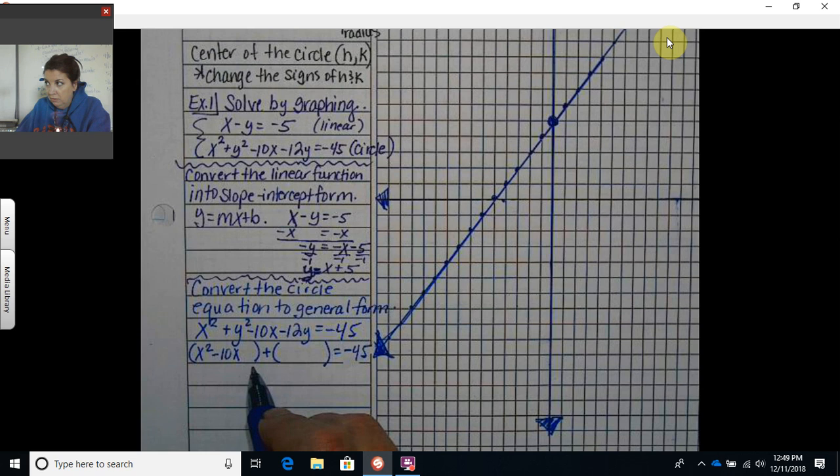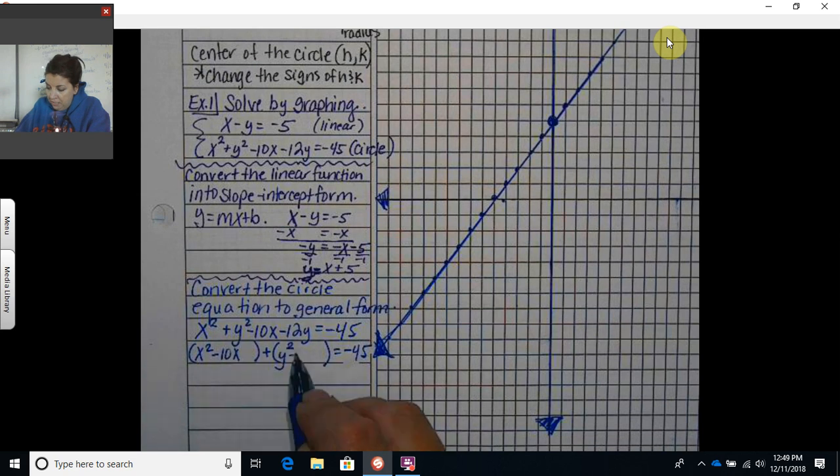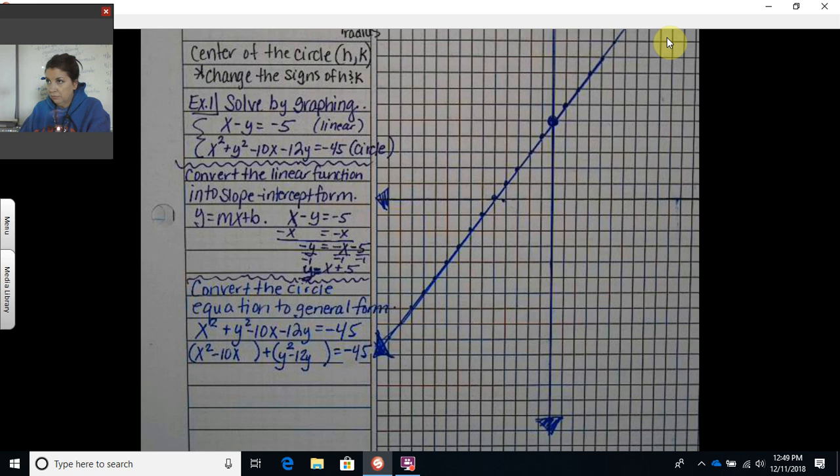Not yet, but I'm going to. In the next set of parentheses, I'm going to group my y's together in standard form, so I had y squared minus 12y, and I will be finding some number to put here that would make this a perfect square trinomial. Okay?